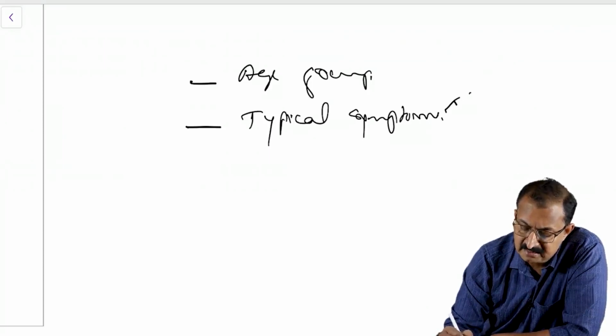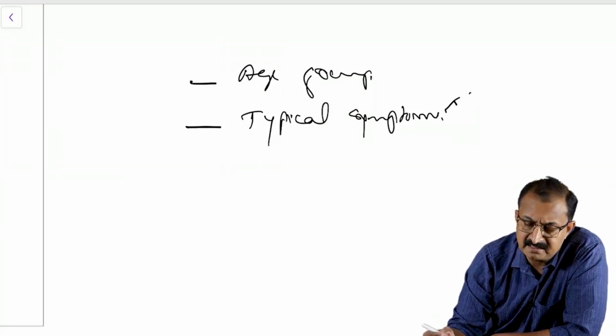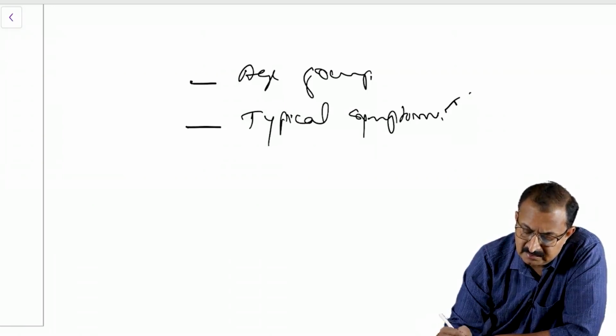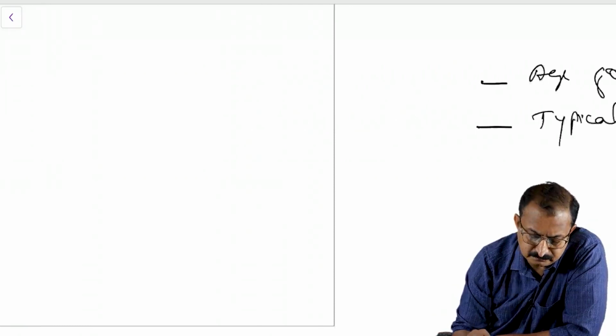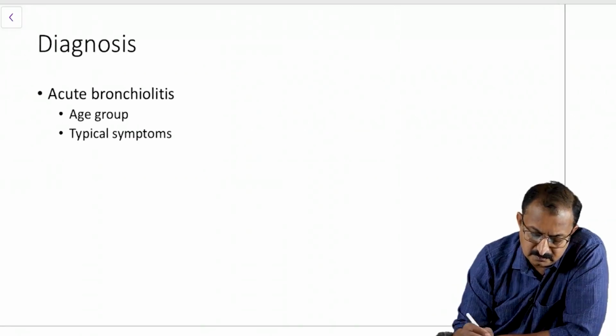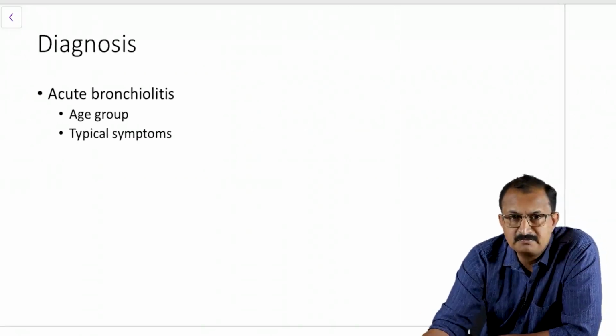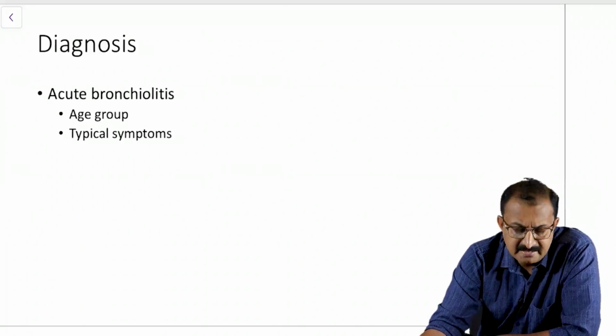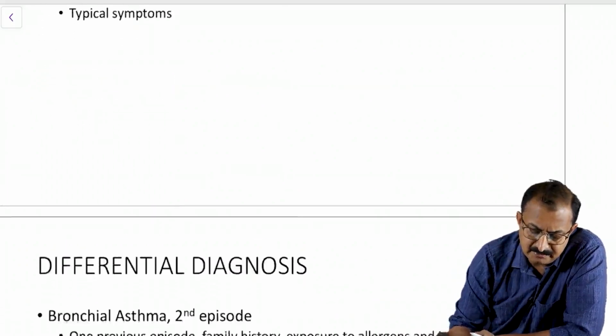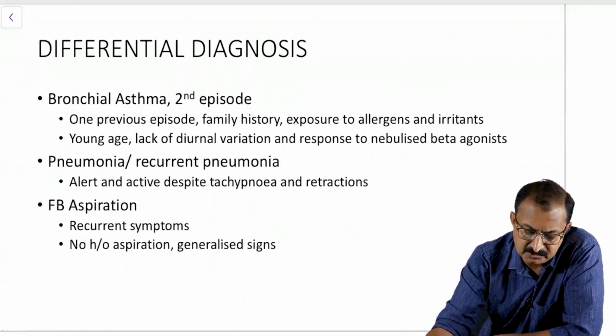After a few days, the cough worsens and there is dyspnea, wheezing, hyperinflation, push down liver, bilateral rhonchi and all. So there is typical symptoms and signs here. So the most important possibility will be acute bronchiolitis, and you have to consider some of the differential diagnosis also.